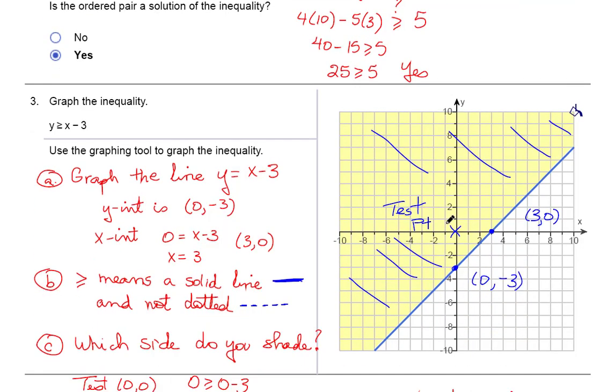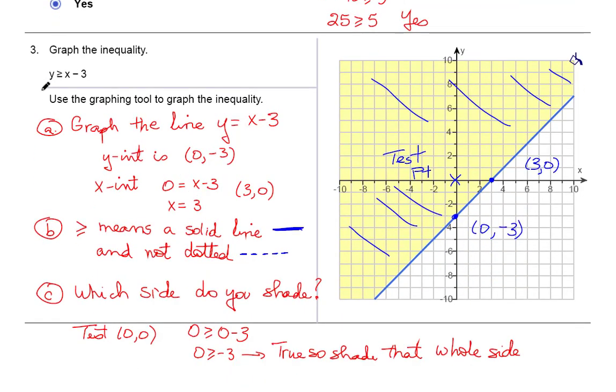Alright, question 3. Question 3, we'd like to actually graph this inequality. So there are a couple of things going on here. First, I need to graph the line itself, without the inequality, just the line y equals x minus 3.